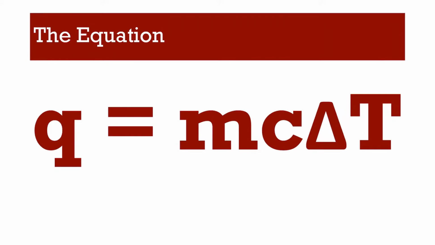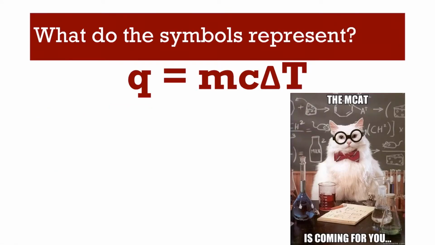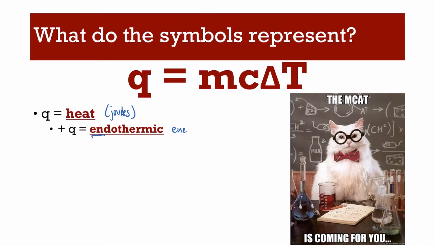So here is our equation. Again, I like to call it the Mcat equation. And so let's take a deeper look into what all these things mean. And so Q represents the heat, and that is our joules. If Q is positive, that's endothermic, meaning our energy is absorbed.